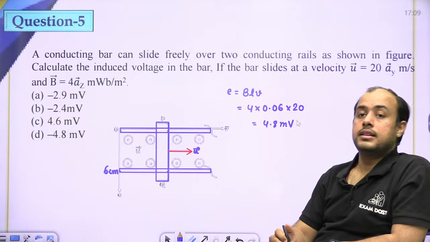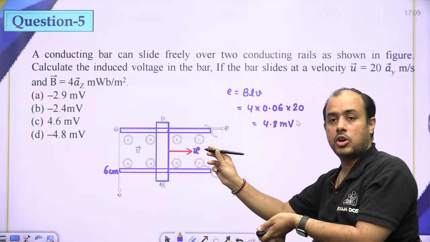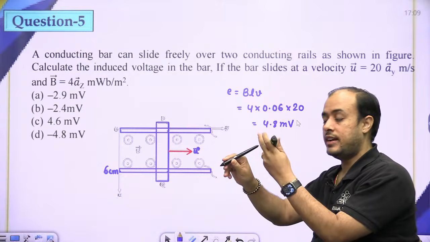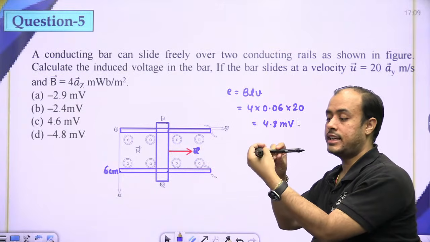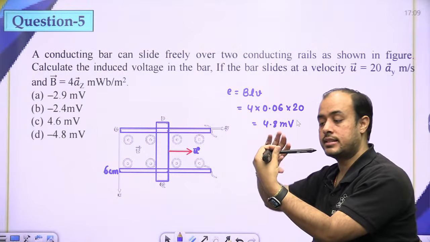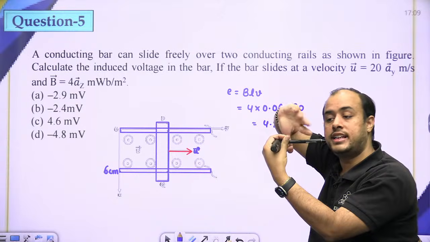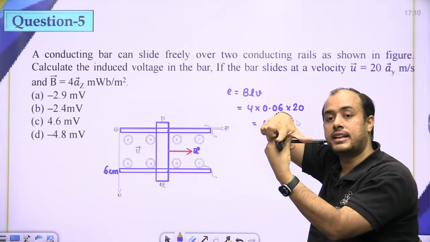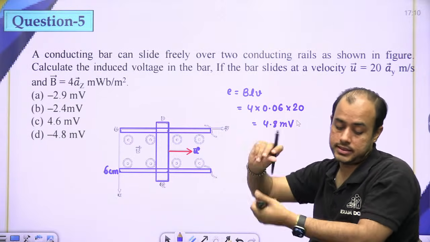ओके सर, पोलैरिटी कैसे निकालते हैं समझिए. देखिए, वेलोसिटी राइट में है, मैग्नेटिक फील्ड आउटवर्ड्स. Take the right hand and rotate it from velocity to magnetic field. ये मैग्नेटिक फील्ड है आपकी तरफ, ये वेलोसिटी है, तो V cross B downwards.